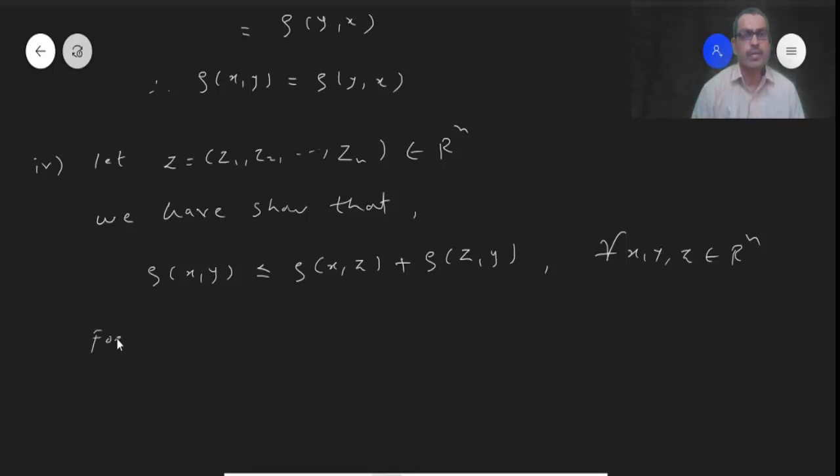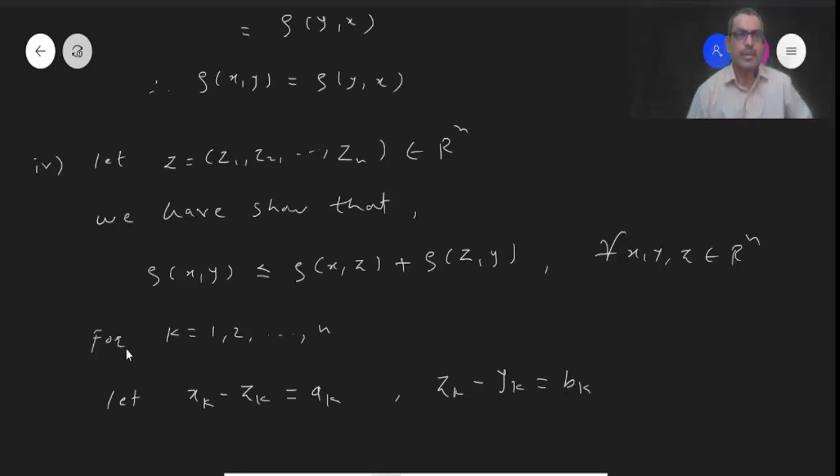Now for k equal to 1 up to n, first let xk minus zk be equal to ak, and zk minus yk be equal to bk.